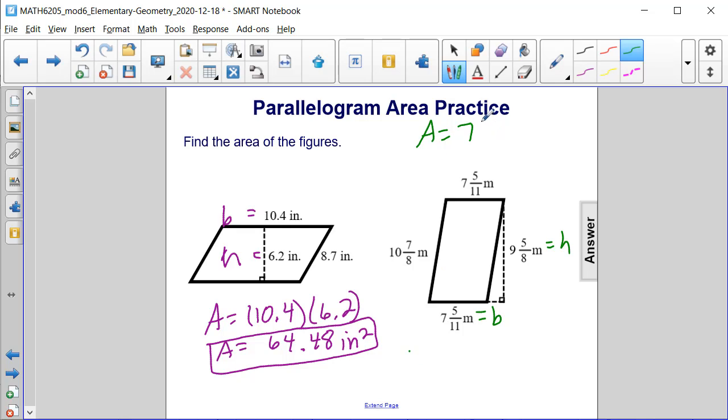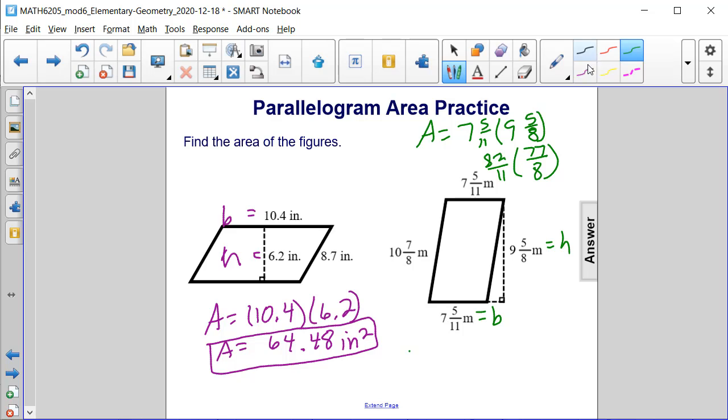So that would be 7 and 5/11 times 9 and 5/8. And then before we multiply, we have to turn these into improper fractions. So we have 11 times 7, which is 77, plus 5 is 82. So we have 82/11 being multiplied by 9 times 8 is 72, and 5 more is 77/8.